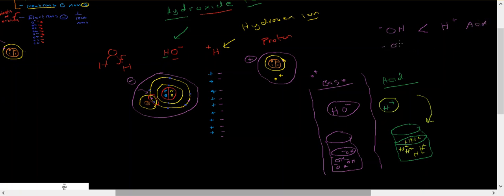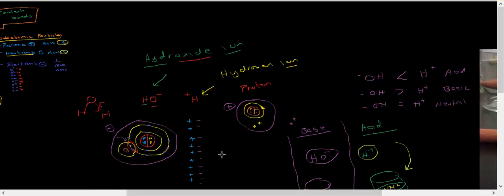If it's the opposite way around, there are more hydroxide ions than hydrogen ions, it's basic, or it's a base. And if the number of hydrogen ions is equal to the number of hydroxide ions, then it's neutral. That's really what we mean when we're distinguishing acids from bases. An acid just has a lot of these H plus ions, and the base has a lot of these OH ions.